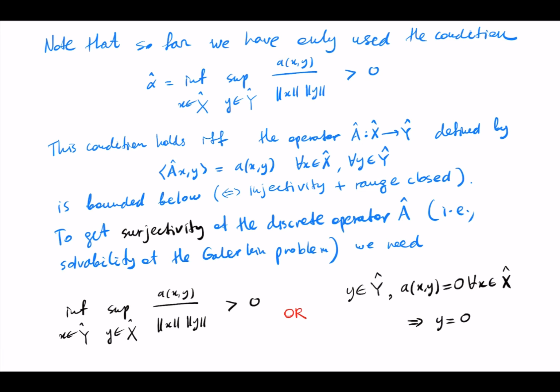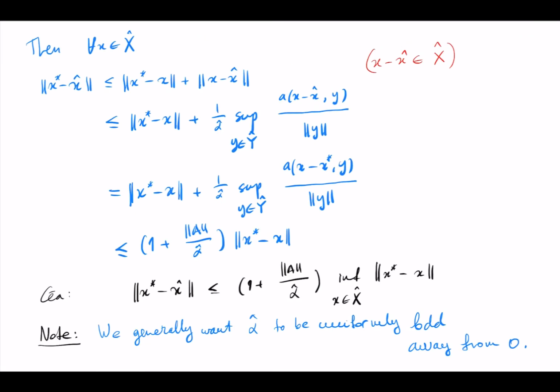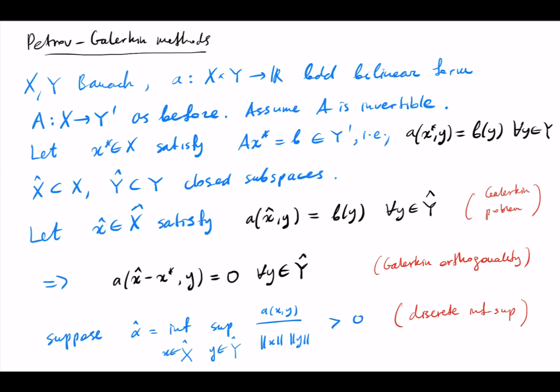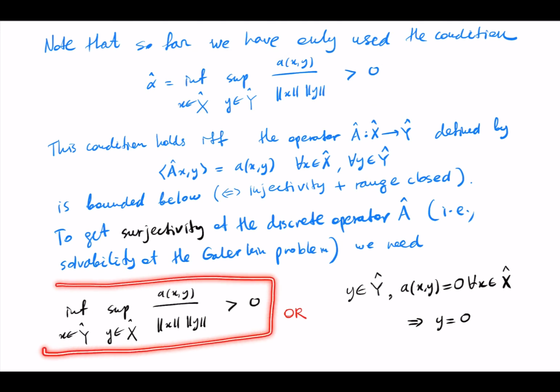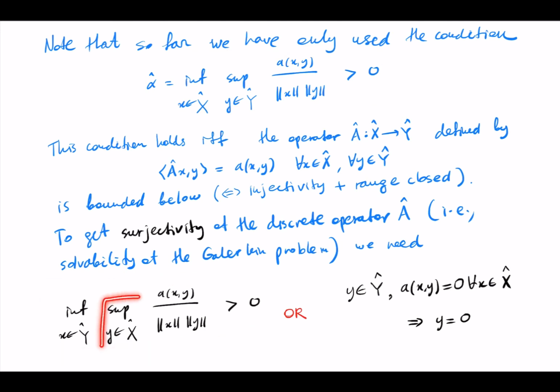Now of course we want to have the discrete problem well posed, this discrete problem here that gives us the discrete solution. We want the corresponding operator to be invertible, and the corresponding operator for this is of course a hat. We want a hat to be invertible, so that means we need the other inf-sup condition also.